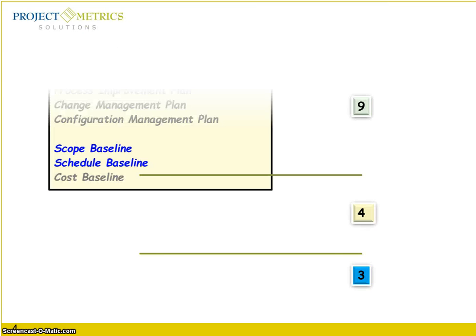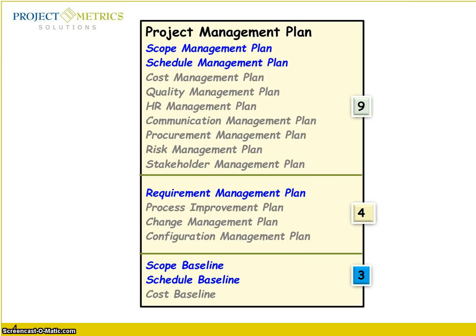The last session we talked about how to develop the scope management plan, requirement management plan, and the scope baseline. Then we have to get the schedule management plan to accomplish my project, and then I am going to get the schedule baseline.